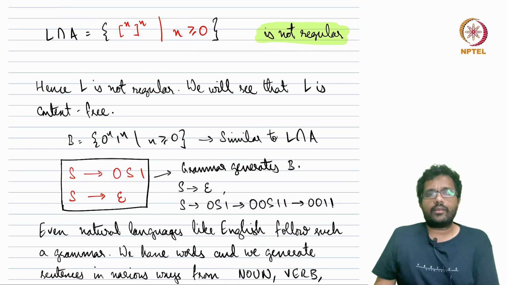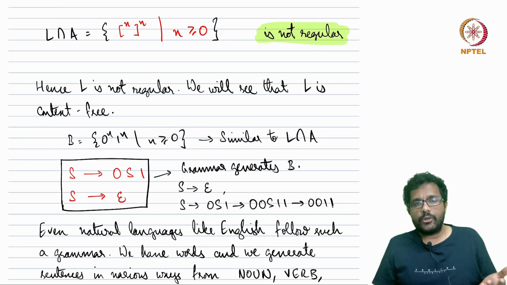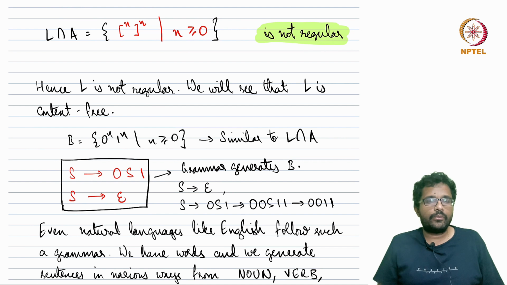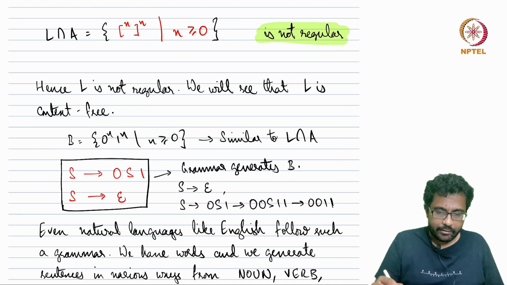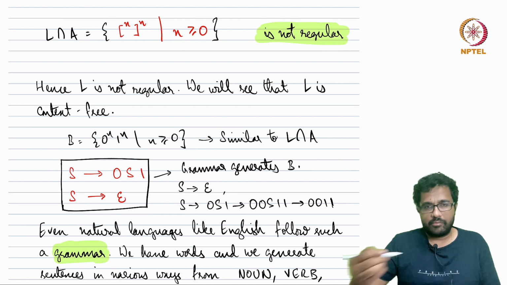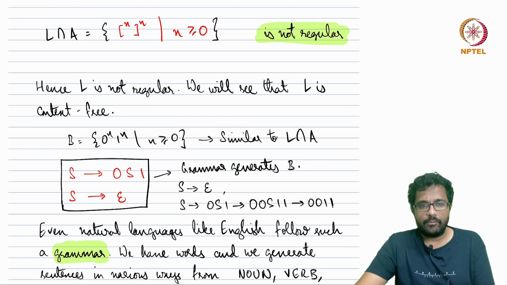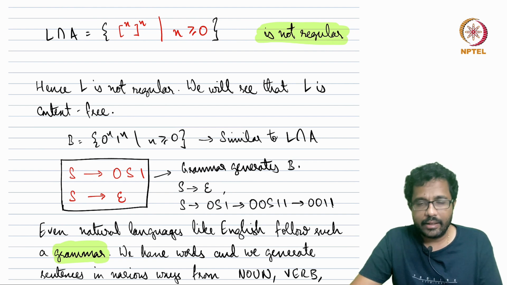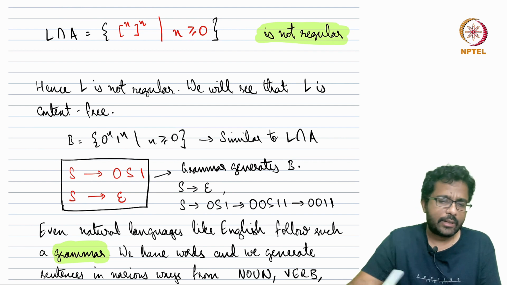And this is not the first time you are hearing the word grammar, right. The word grammar you might have heard while learning languages in school, English or Hindi or any other local languages. So what is grammar?